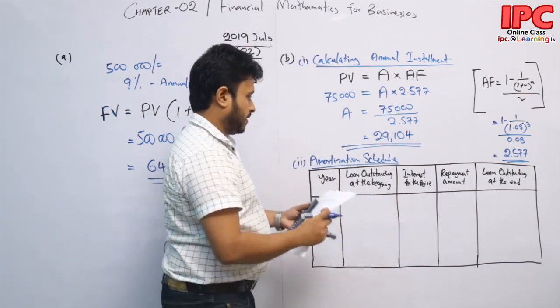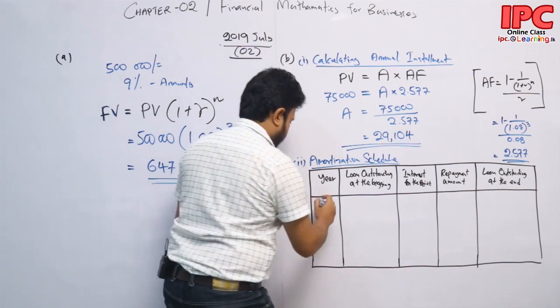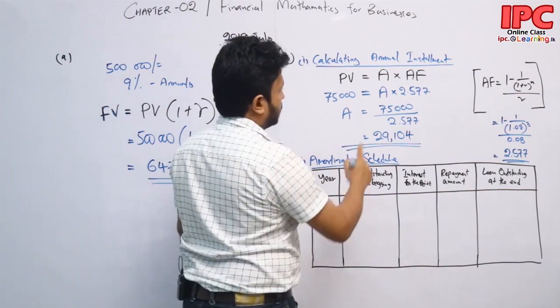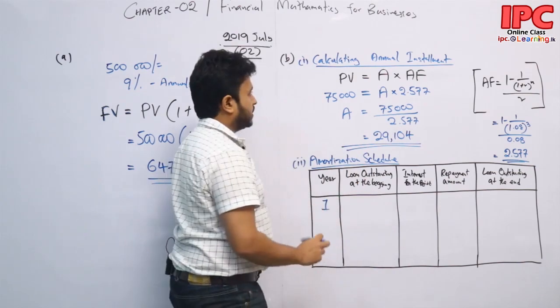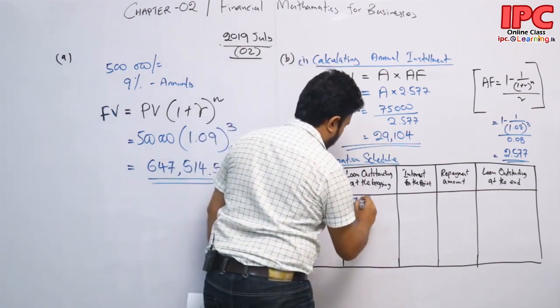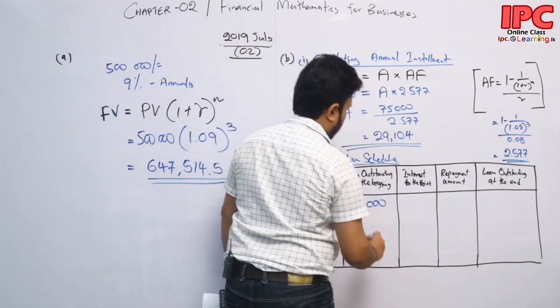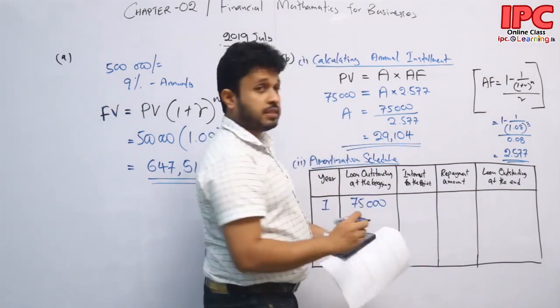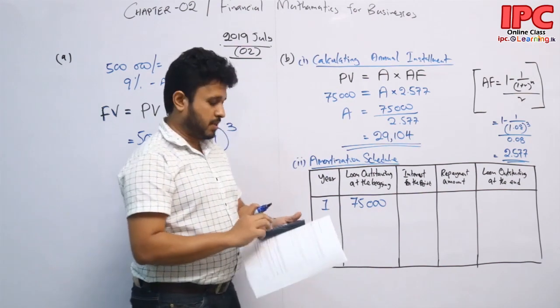Right? Okay, the very first year, this is about 3 years, right? The very first year, the loan outstanding is 75,000, and interest is 8% per annum, right? 8% per annum.